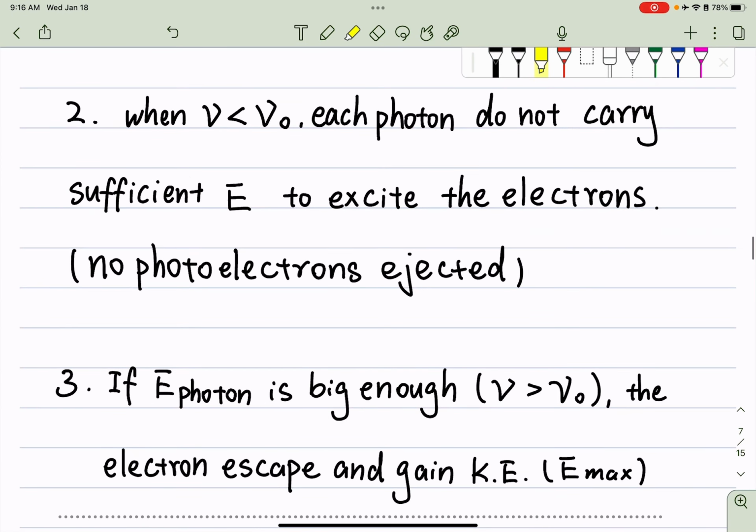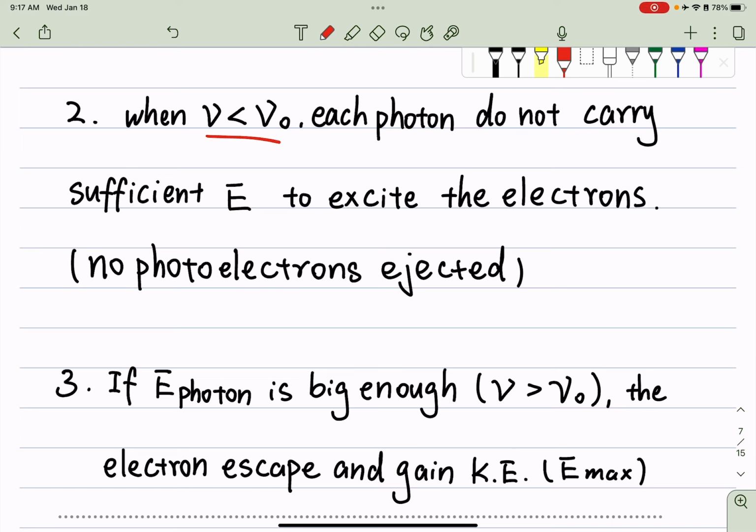The first scenario is when your frequency is smaller than the threshold frequency. Each photon does not carry sufficient energy to excite an electron. The way to think about it is that one photon gives all its energy to one electron.